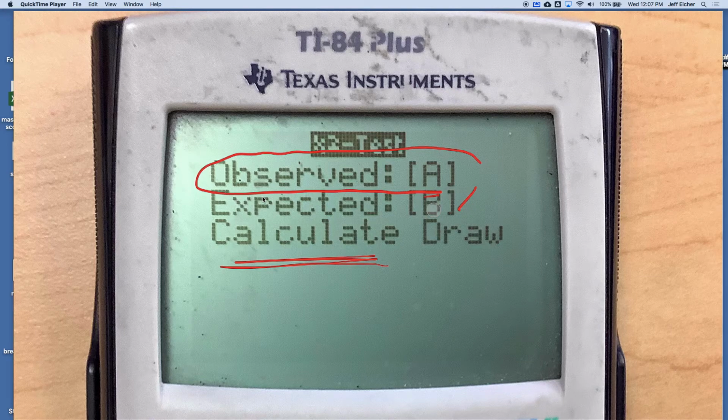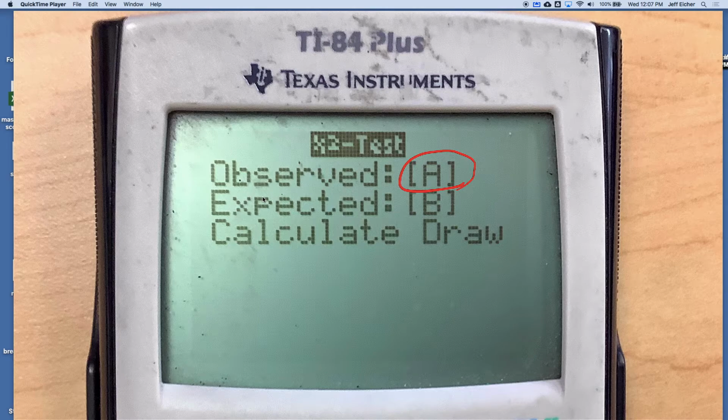Okay. So the calculator is asking, where did you put your observed counts? And we put them in matrix A, so that's good. Don't have to change anything. Where did you put the expected counts? Well, we never type those in, but the nice thing is we don't have to. So just leave this. You don't have to change anything about this screen. And then select calculate.